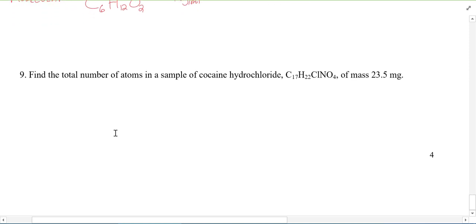Number 9. Total number of atoms in a sample of cocaine hydrochloride. Mass of 23.5 milligrams. Alright, so milli, of course, is 10 to the minus third, right? So 23.5 times 10 to the minus third grams of C17H22ClNO4.